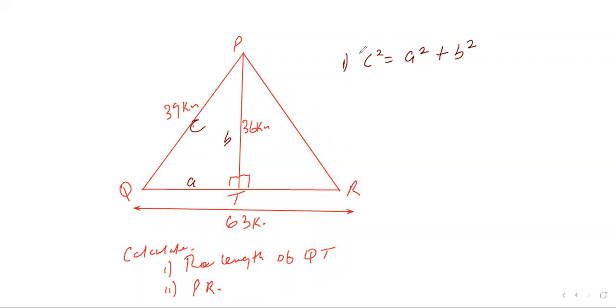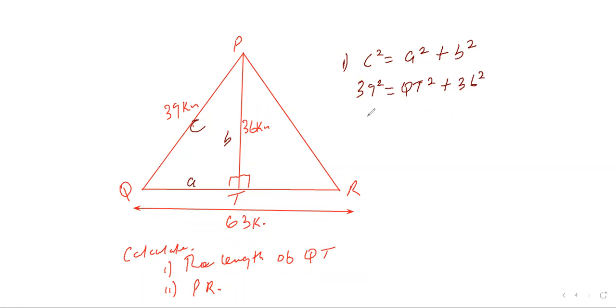39 square, yes. Equals to, wherever I have A, what do I put? QT square, yes. Plus 36 square. B, 36 square, all right.